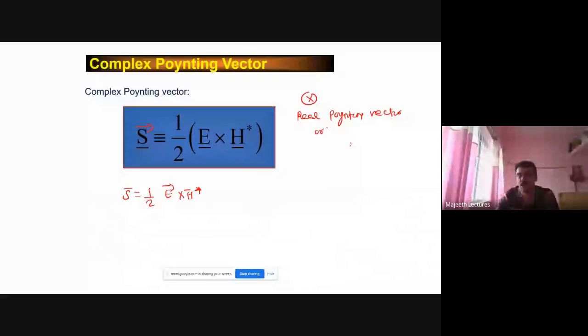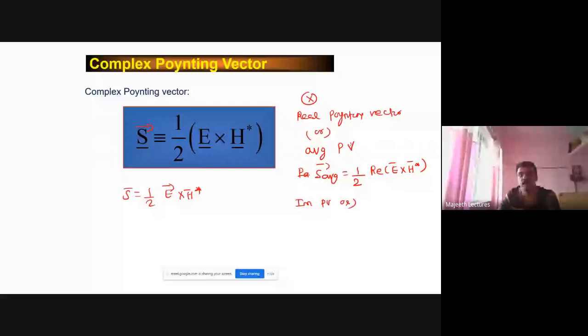Its other name is the average Poynting vector, where PV is nothing but Poynting vector. So S average is given by 1 by 2 real part of E cross H star. It is not multiplication, it is E cross H.